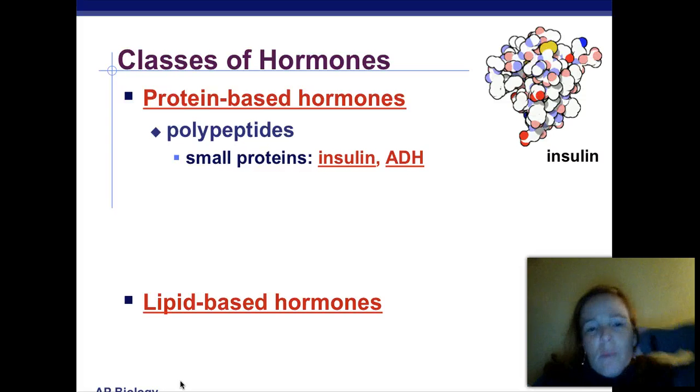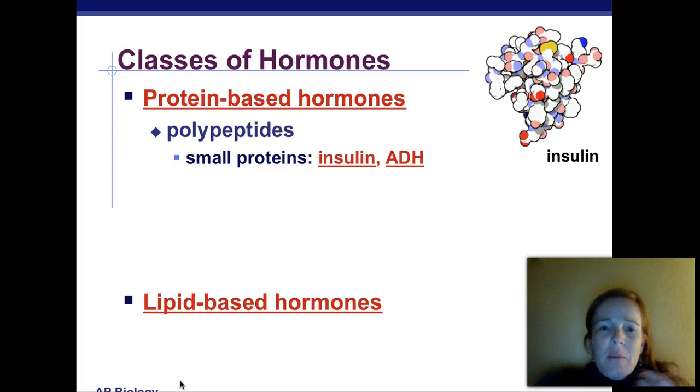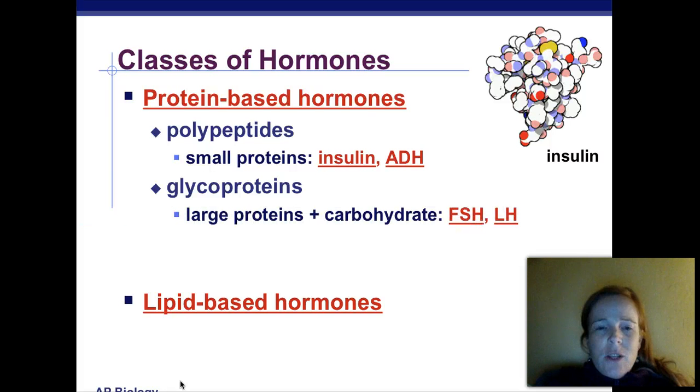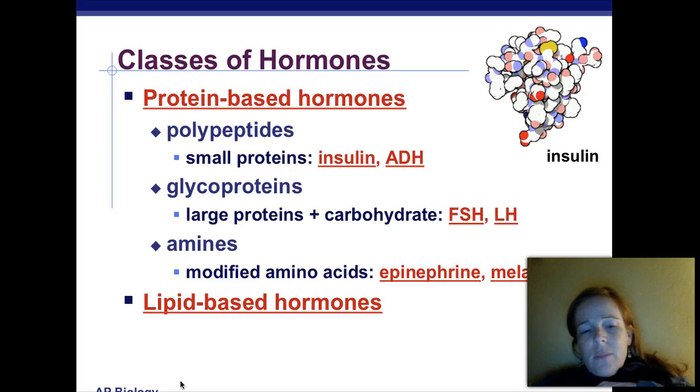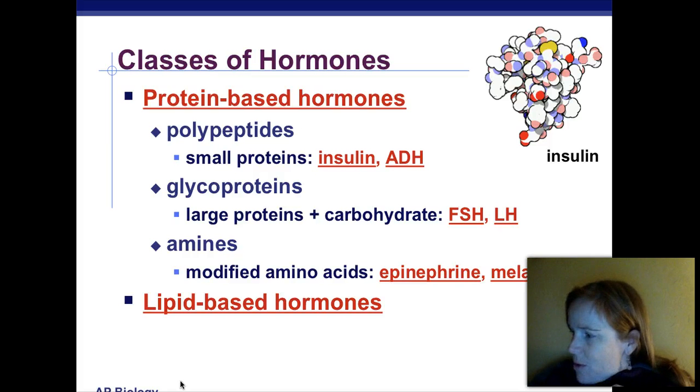The protein-based hormones are polypeptides, small proteins, insulin and ADH; glycoproteins, large proteins with carbohydrates, FSH and LH; and amines, modified amino acids, epinephrine and melatonin. Before we move on to the lipid-based hormones, let's just talk about what these are for a second.